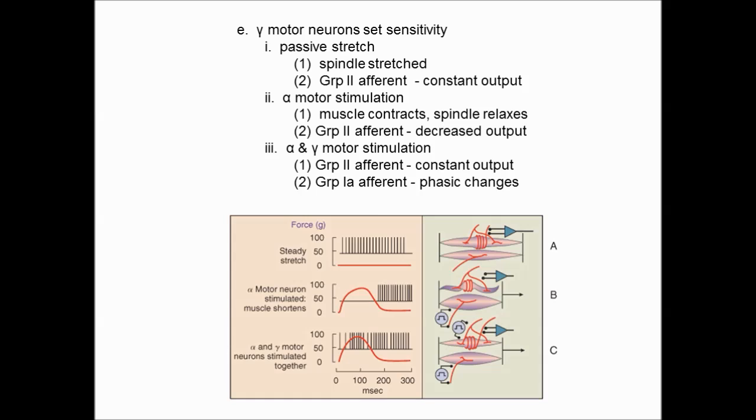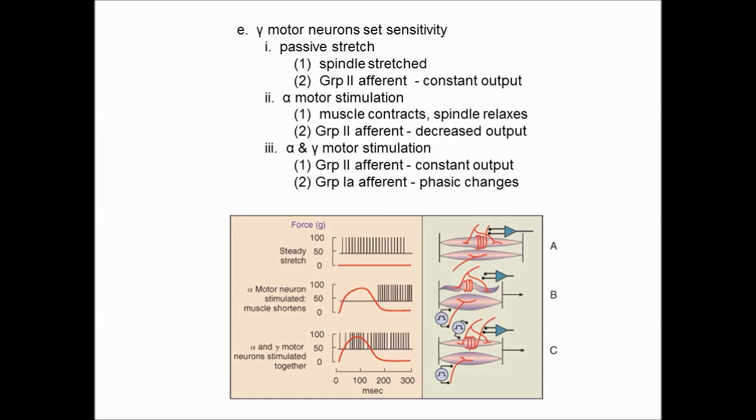If you stimulate both the intrafusal and extrafusal fibers at the same time, to put it in other words, if you stimulate the alpha motor unit and the gamma motor unit at the same time, there's not going to be much change in the length of that spindle.